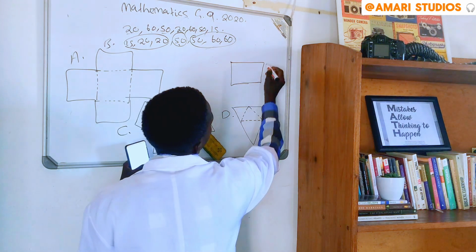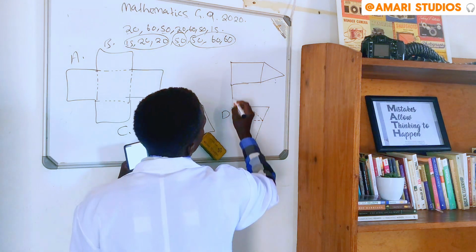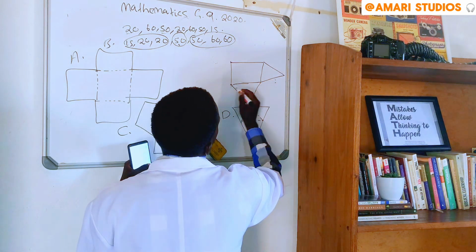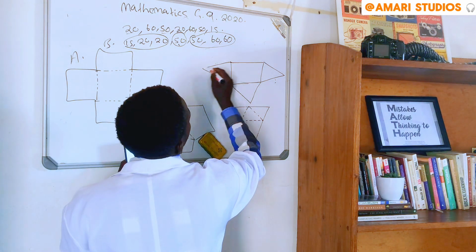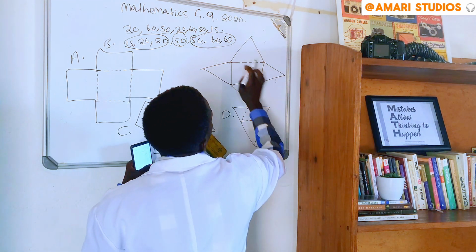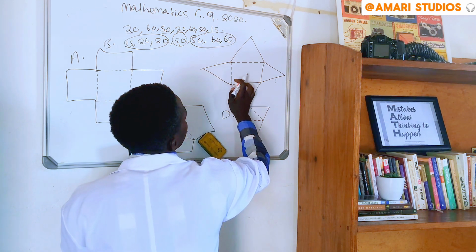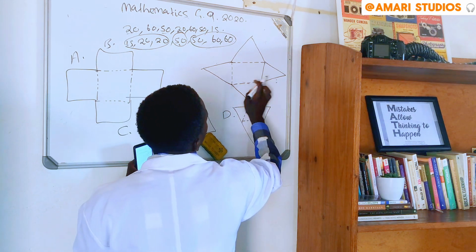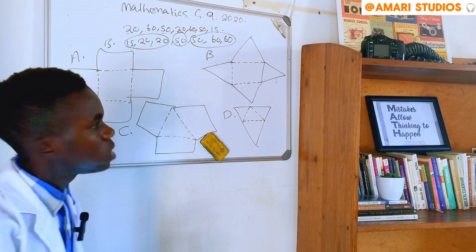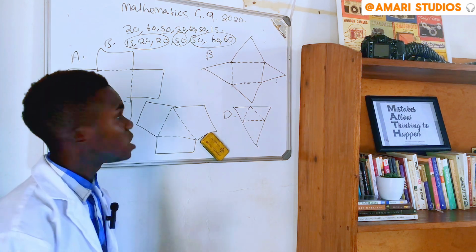That's a square, that's a triangle. That diagram is representing option B.